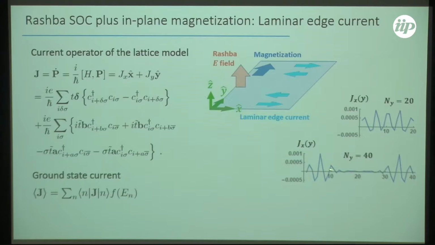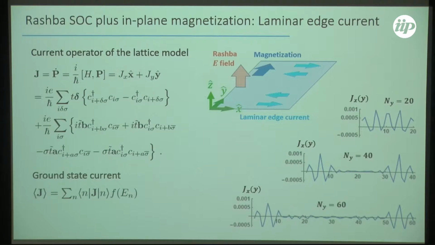And then you start to see that these patterns are actually localized at the edge. You have positive and negative currents localized at the edge. And you go for a wider one, for instance, a 60 sites width ribbon, and you still see some laminar currents localizing at the edge.